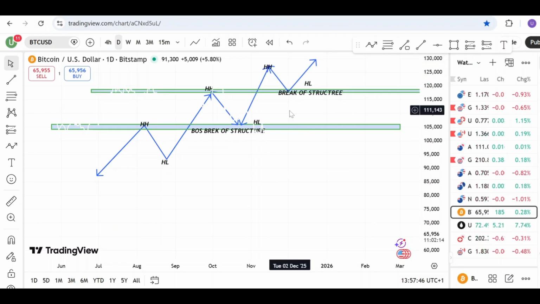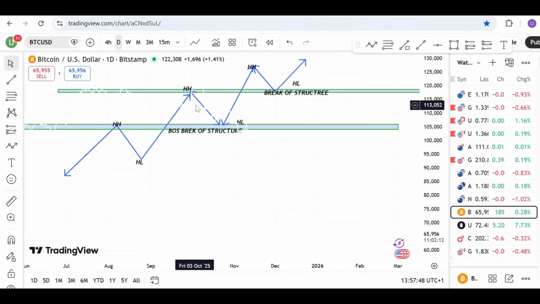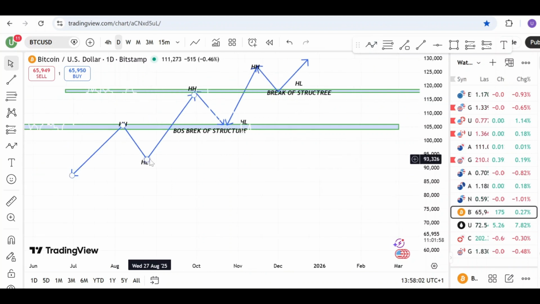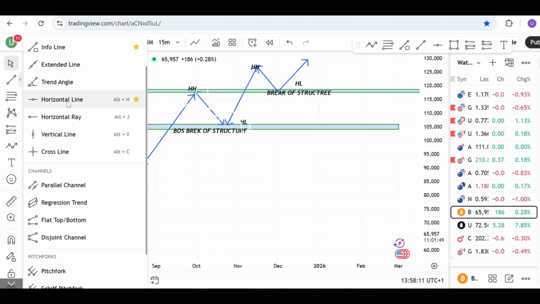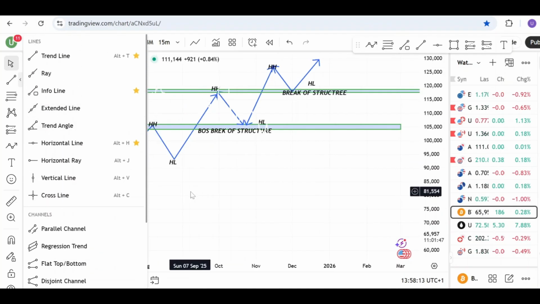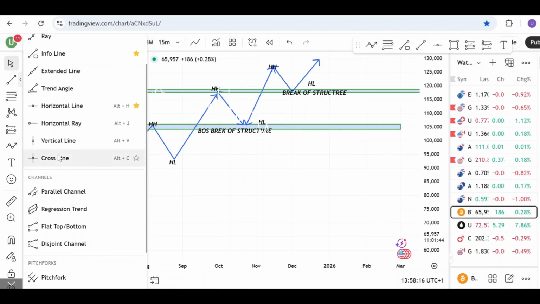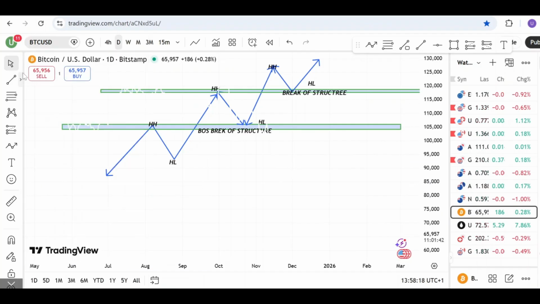On the uptrend, this phase or this line here, okay, I'm not sure if you are seeing this. Let me try. This is called continuation phase. Where can I get an arrow?